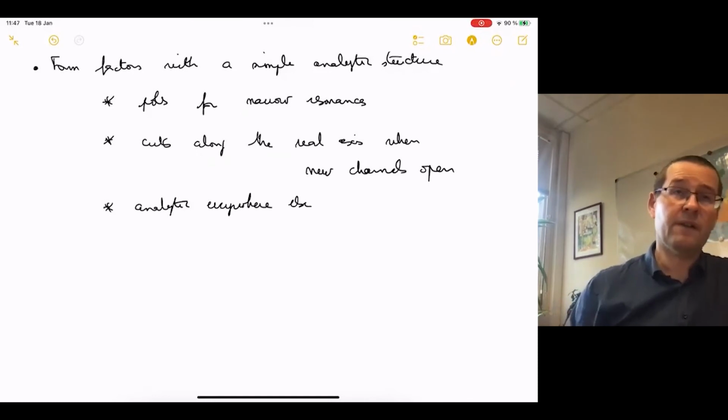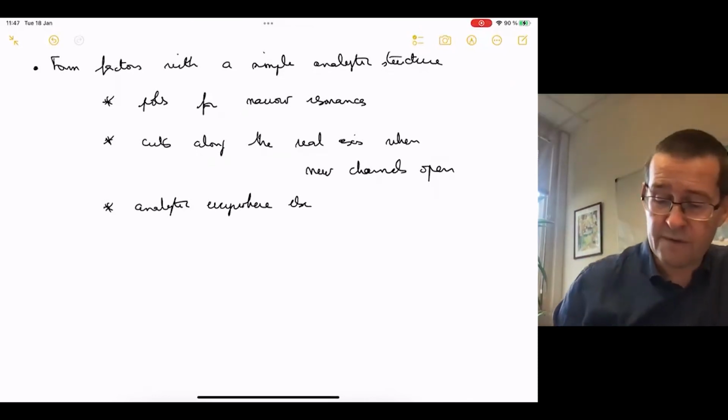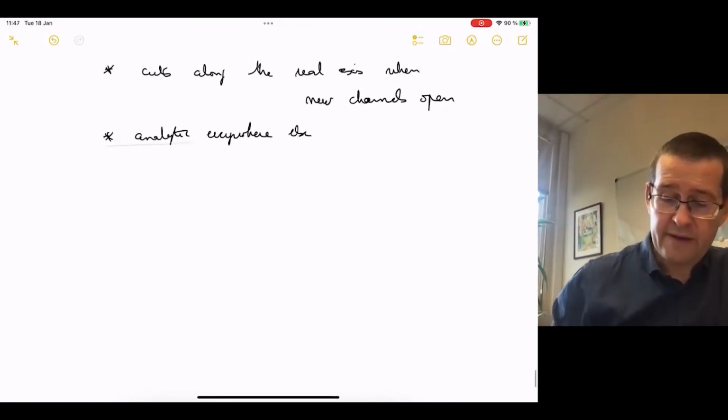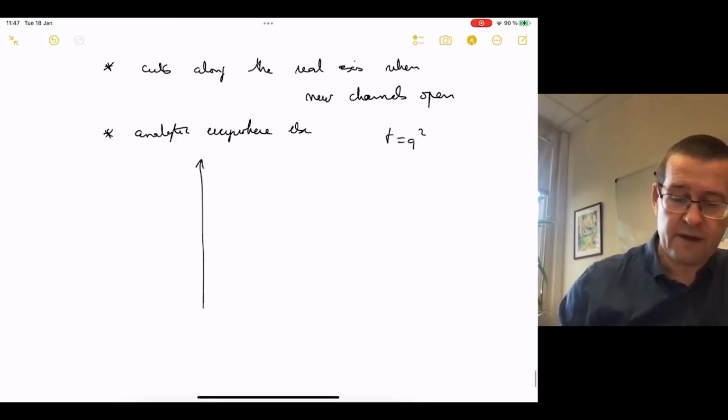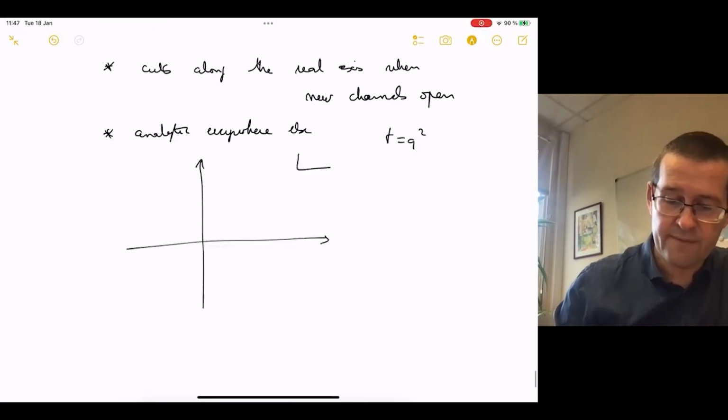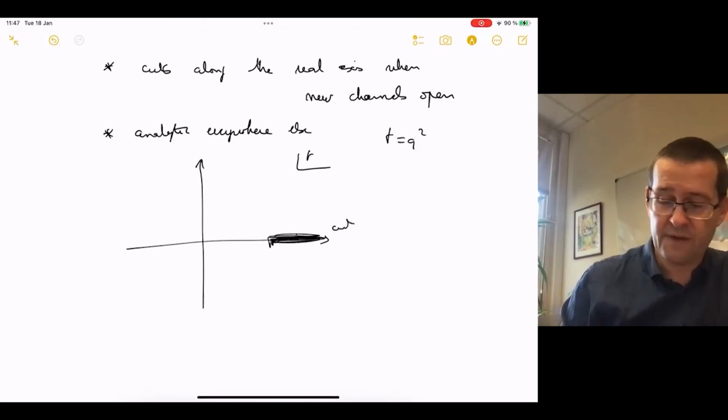And when I say that, I mean when I'm considering the complex plane. So I remind you, if t is q squared, the structure would be very simple. So a cut, actually several cuts.